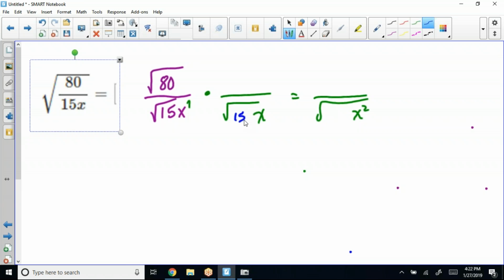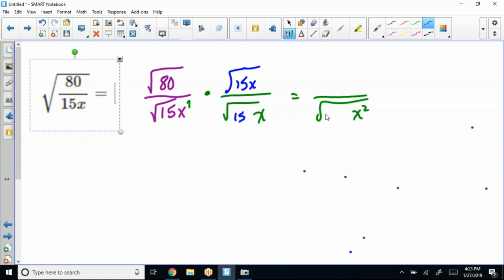You basically rationalize by the denominator, which creates a perfect square. When you get to 4th roots and stuff like that, you have to ask yourself: what do I need to rationalize it by to create that perfect root? In this case, it's square root. So we'll have this up top.